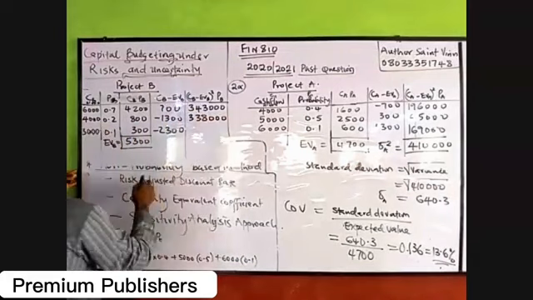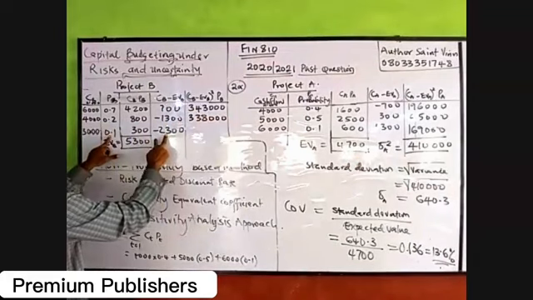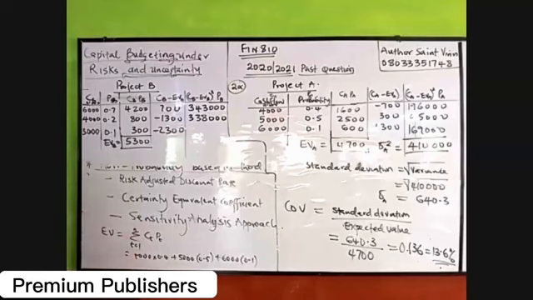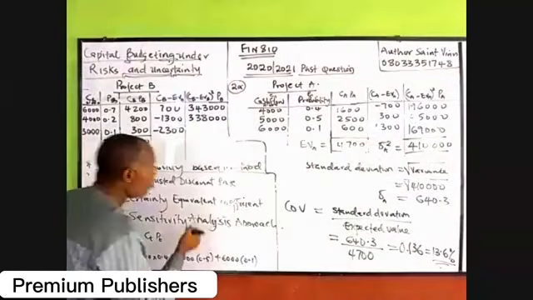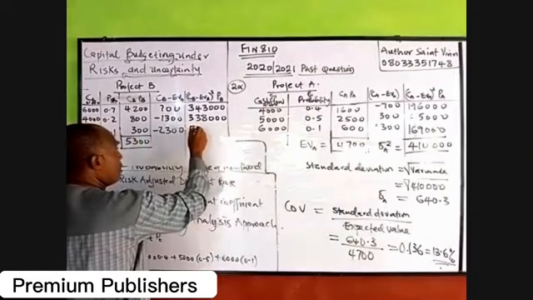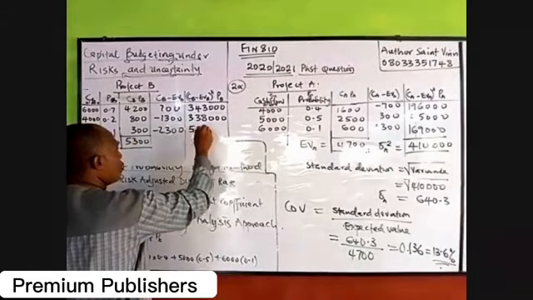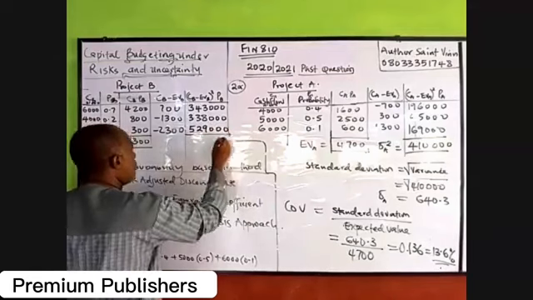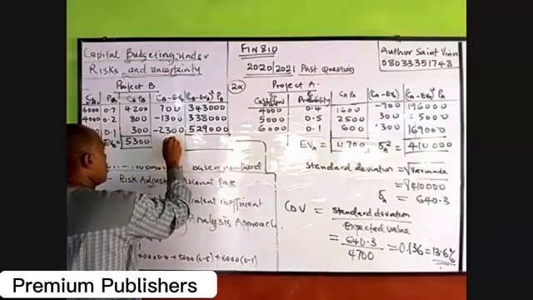338,000. Square this, multiply by 0.1. 2,300, 3,000. Okay, 529,000. So we add all this.